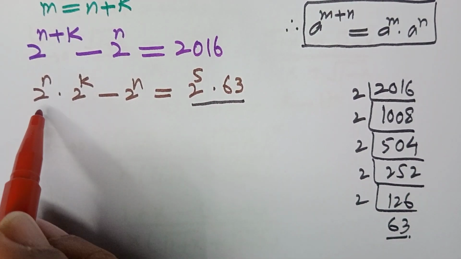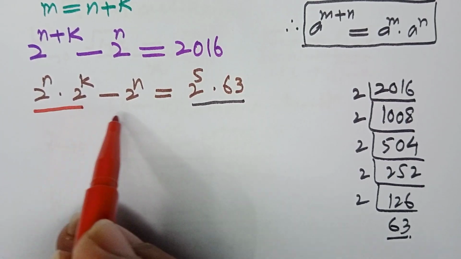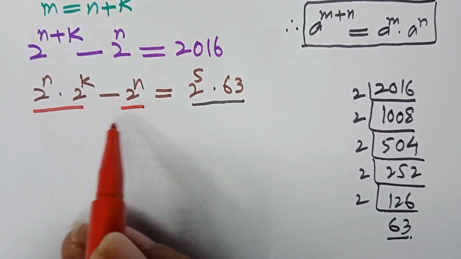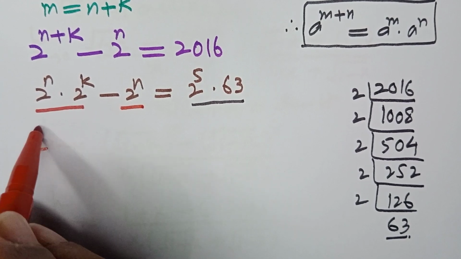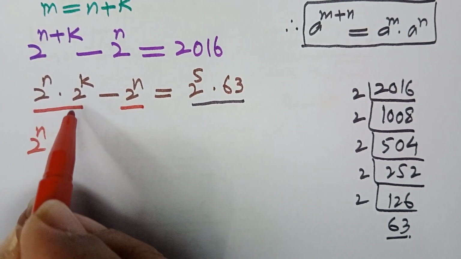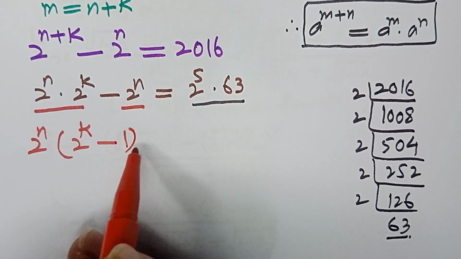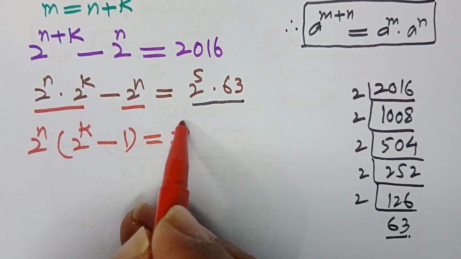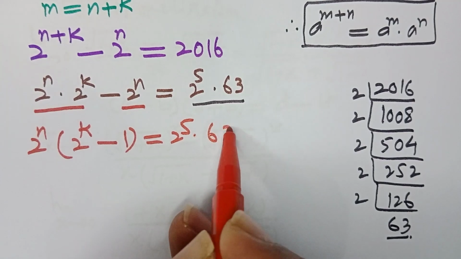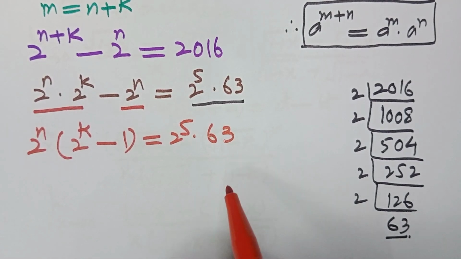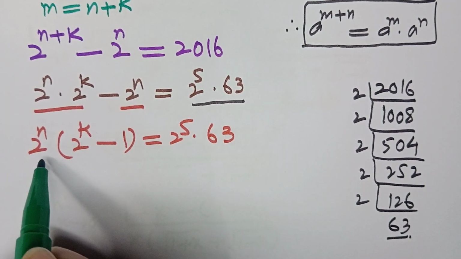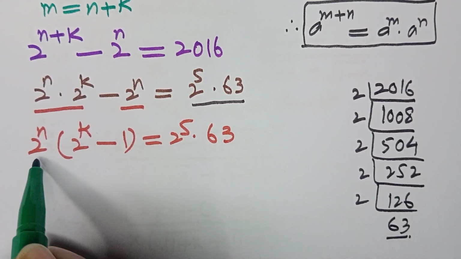Now we have to take common 2 power n from here and 2 power n from here. So 2 power n multiplied by 2 power k minus 1 is equal to 2 power 5 dot 63. Now equate the same bases.